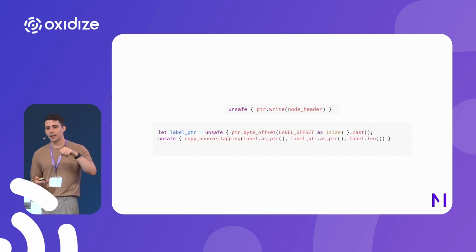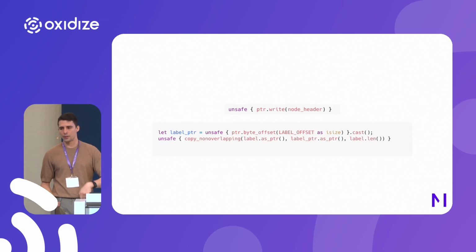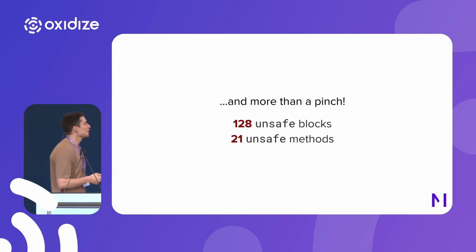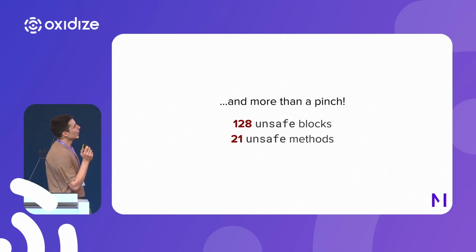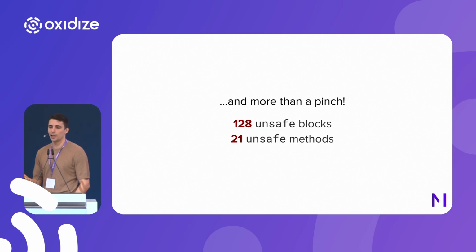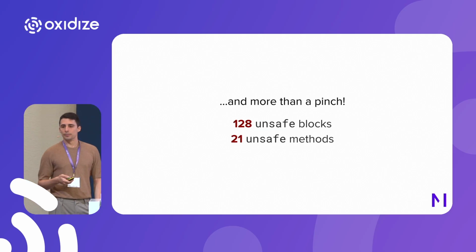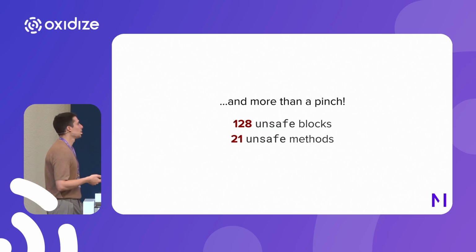Go to the right offset, compute where each of the fields needs to be, write them over, copy them over from other slices. This takes a bunch of unsafe, and more than a bunch. Roughly at the end of the project, we had 128 unsafe expressions and 21 unsafe private methods, which does require some system to make sure this is correct.